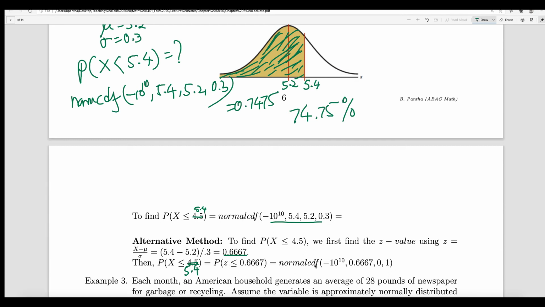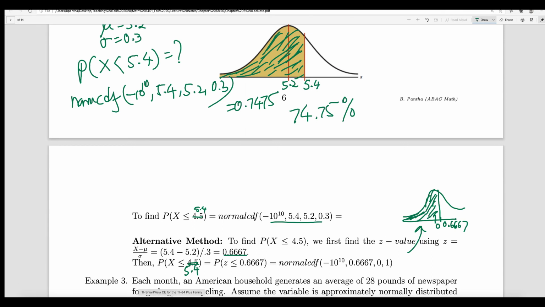Now you use normal CDF, negative 10 to the 10, because when you change into the G value, mean will be 0. 0.6667 will be somewhere here, and you are trying to find the left area. So negative 10 to the 10, 0.6667, and then 0, 1, because we changed x to G. That's why we need to put 0 and 1 in, and you will get exactly the same value.